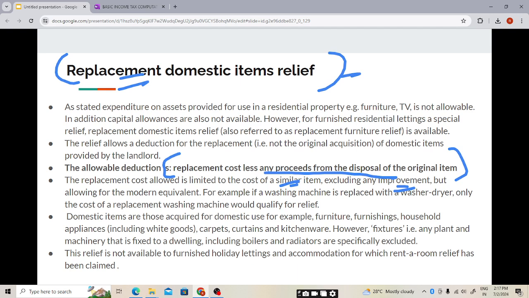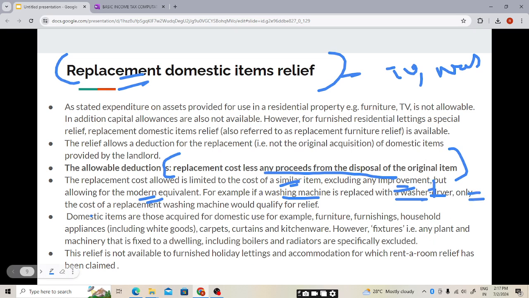You can't purchase an item which has some improvement, but you can purchase an item with a modern equivalent. We have seen the example of a TV, and an example of a washing machine. If originally you had only given the washing machine, you can only replace it with a washing machine, not a washing machine plus dryer.